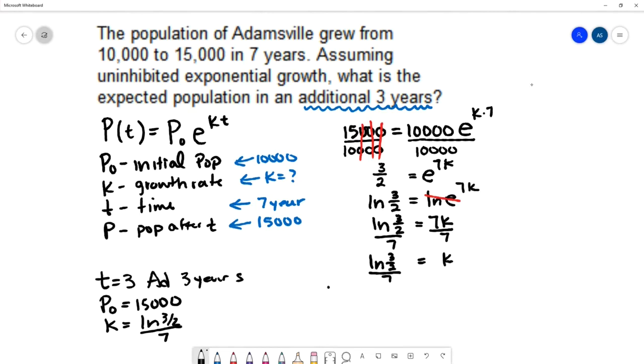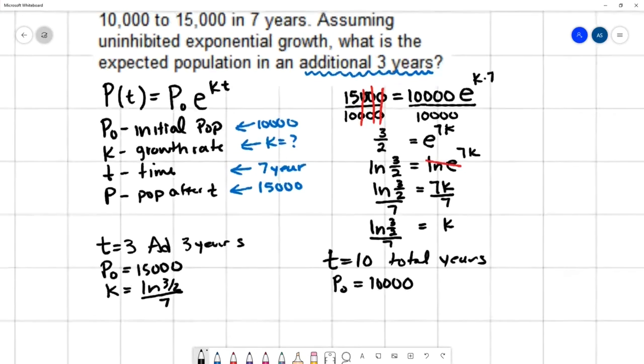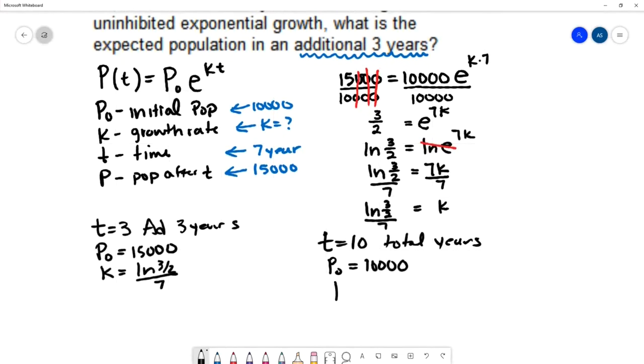But if you're going to use the total years, you're going to use a starting population of 10,000. And of course the k that we just found, the natural log of 3/2 over 7.